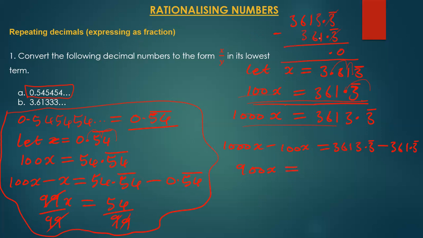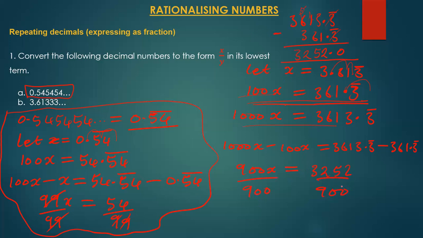Then 3 minus 1, we're getting 2. Then 1 minus 6, we borrow a 1 from there, so 11 minus 6, that is a 5. Then we have a 5 there. 5 minus 3, we get a 2. So we're getting 3252. So what we do now is we divide everything by 900.